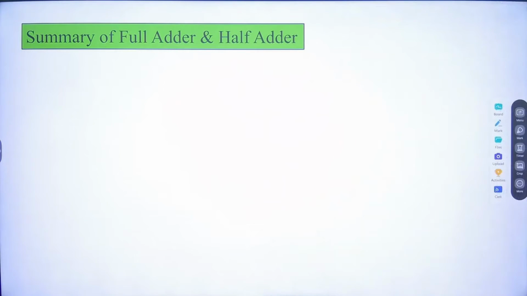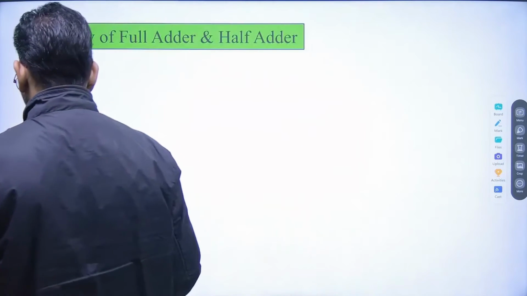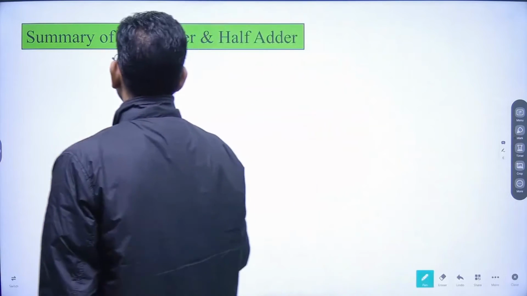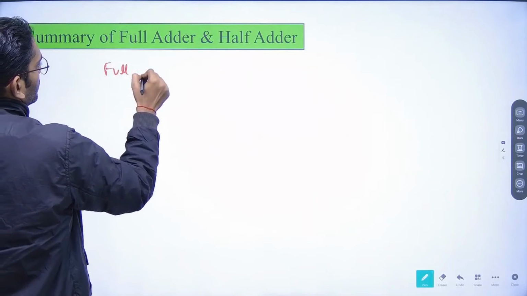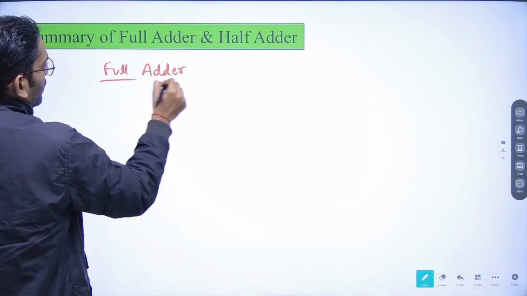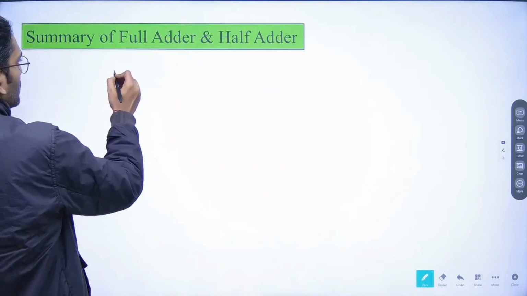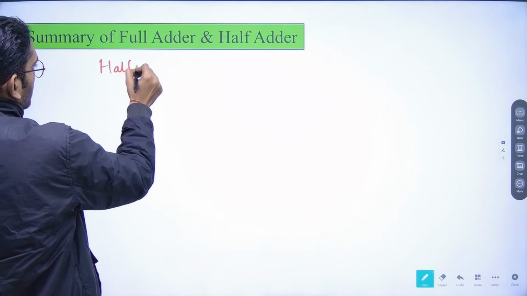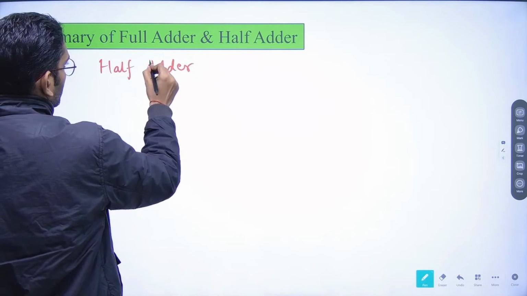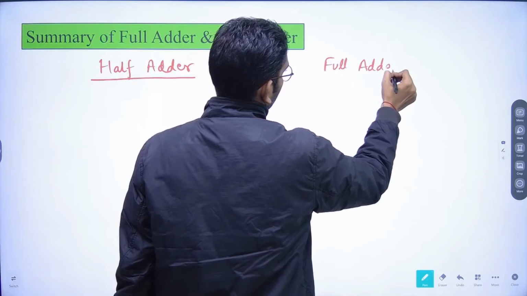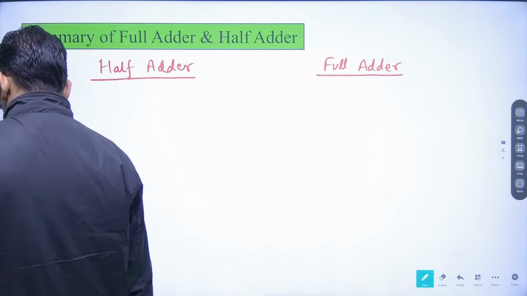Now next coming to the summary of the full adder and the half adder. If we wish to write down the summary, first we will write down the half adder, and next is the full adder.